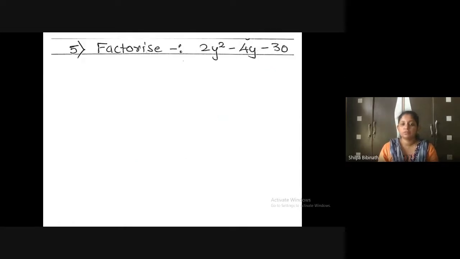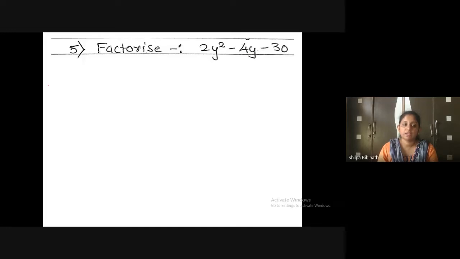Last one will solve similar to the first question which we solved. 2y square minus 4y minus 30. First only check, can anything be taken as common? Just check the numbers here. y cannot be taken as common because 30 is not having the variable y. Here, just check the number 2. Yes, everywhere 2 is a factor, isn't it?